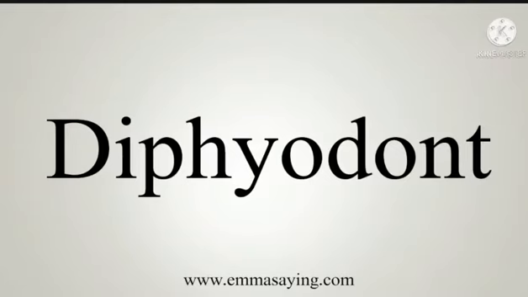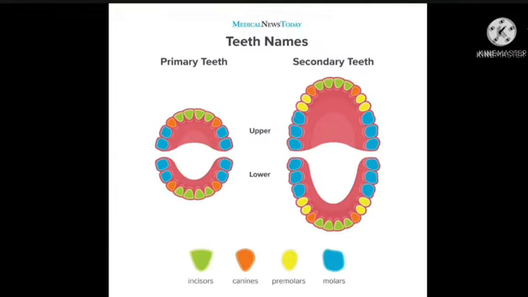This type of dentition is called diphyodont. The permanent teeth are of four different types, namely incisor, canine, premolar and molar.